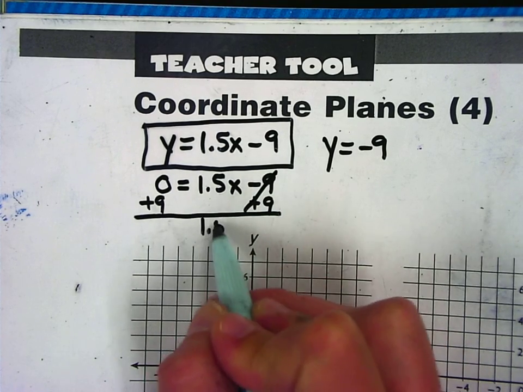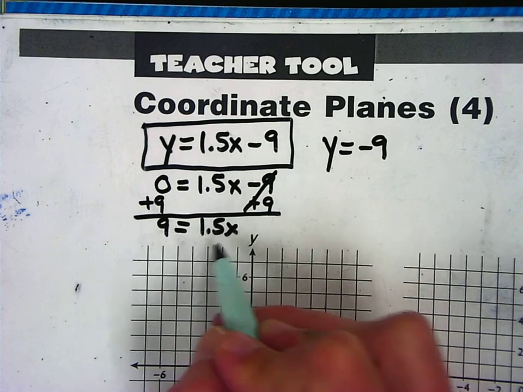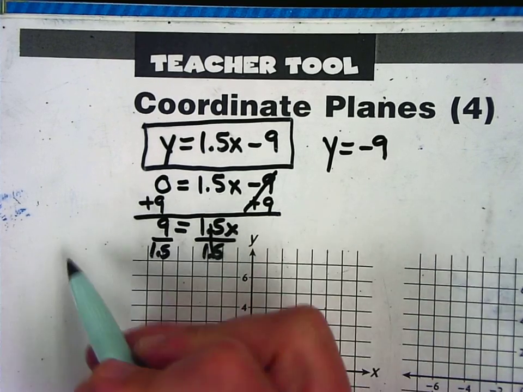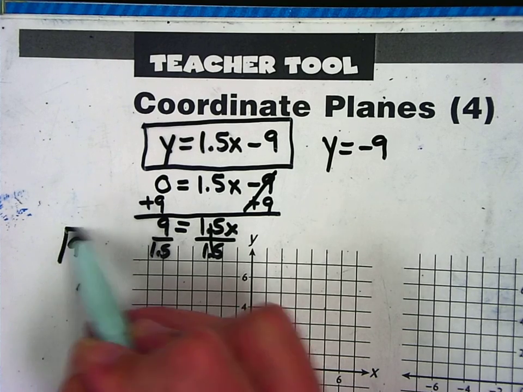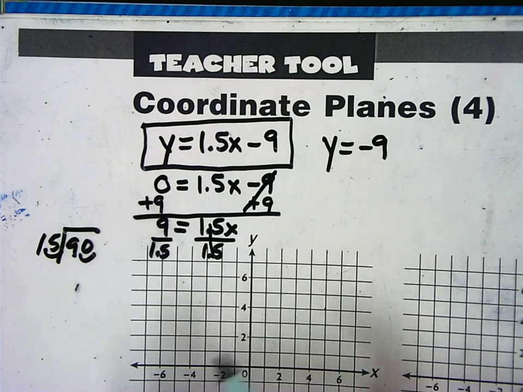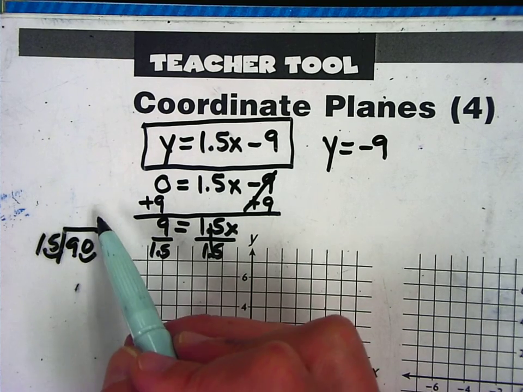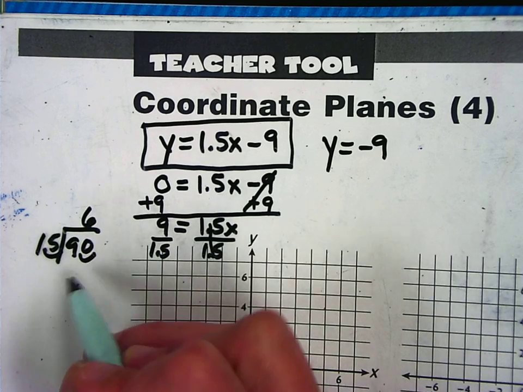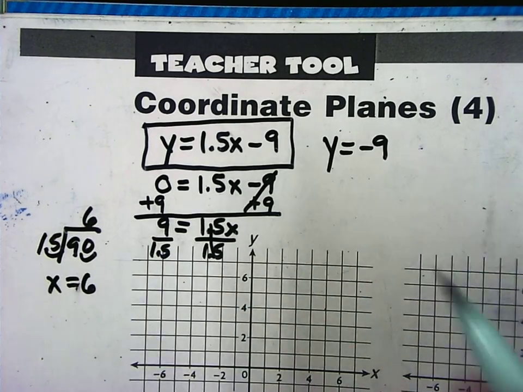I have 1.5x equals 9, and now I'm going to divide by 1.5. I'm going to move the decimal once in each number, and 15 divides into 90 6 times exactly. So my x-intercept is 6.